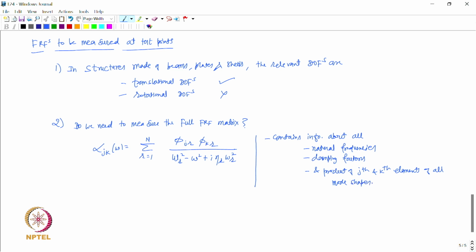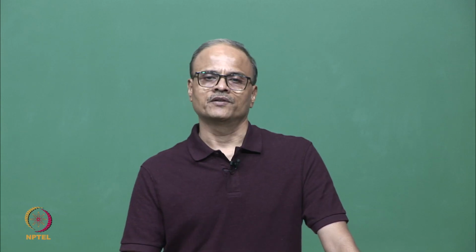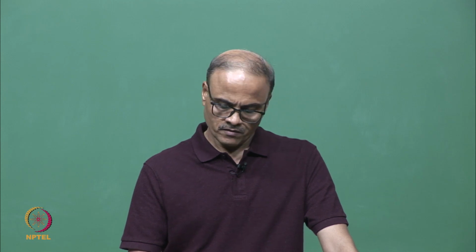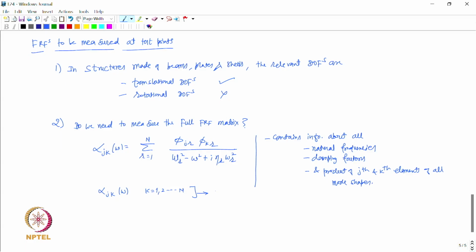Now if we measure the FRFs alpha j k such that k varies from 1 to n, these are n FRFs, and they would contain information about all the elements of all the mode shapes, that is, all the n mode shapes.